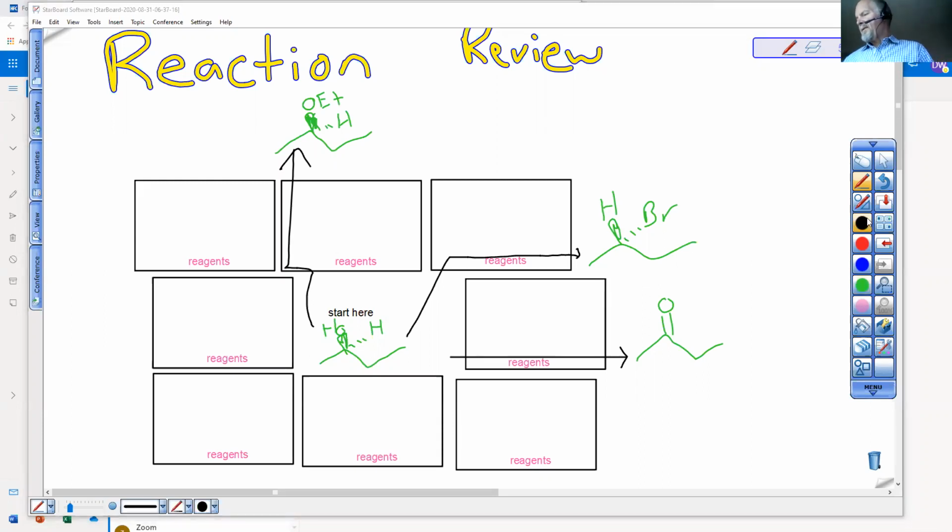And what else do we know about what to do with alcohols? We're supposed to know how to make them into alkenes.